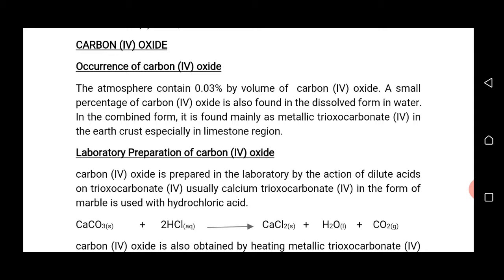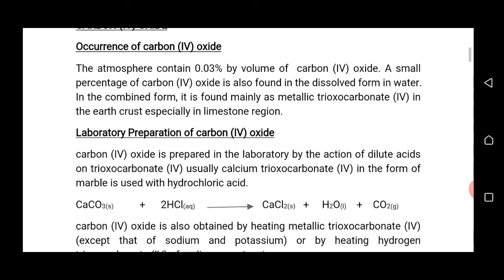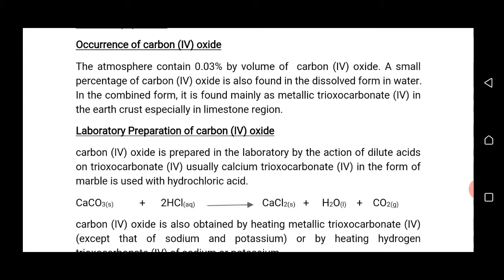What is the occurrence of carbon 4 oxide? Carbon 4 oxide occurs freely in nature or in the combined form. It occurs freely in the atmosphere or in natural water bodies. The atmosphere contains 0.03% by volume of carbon 4 oxide.